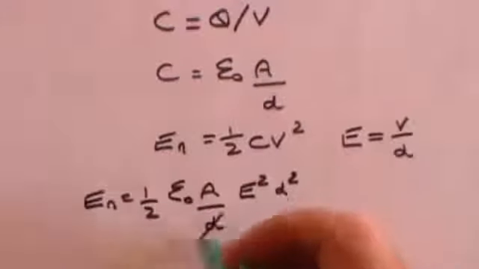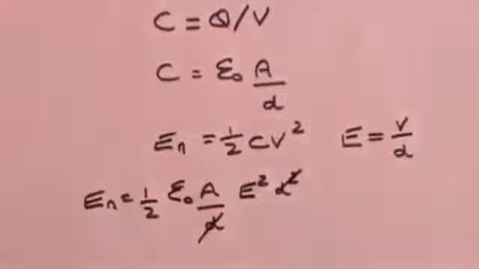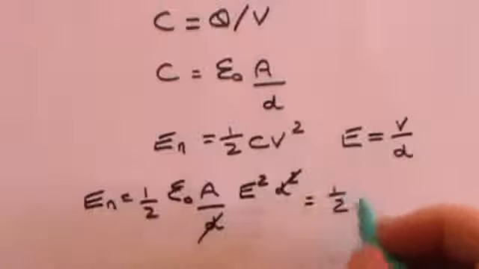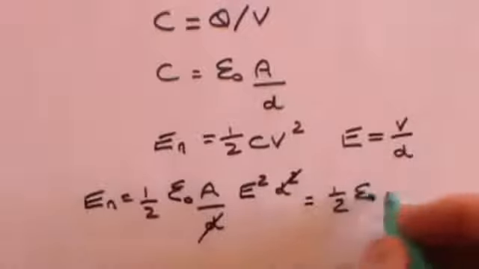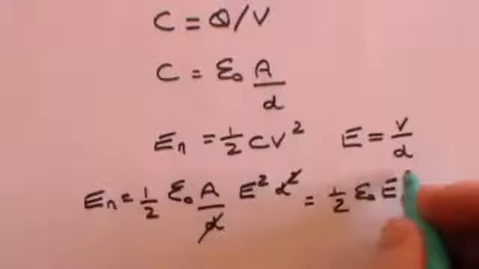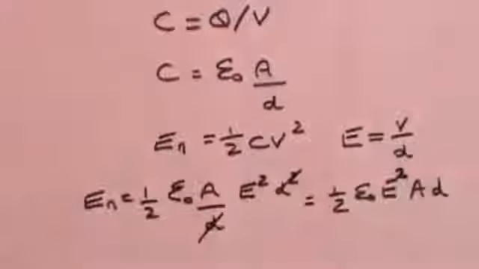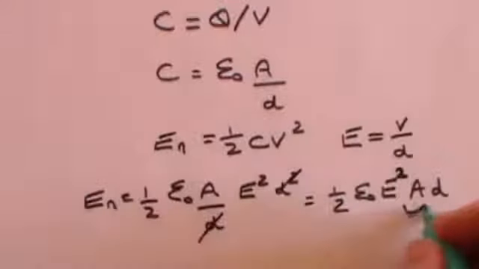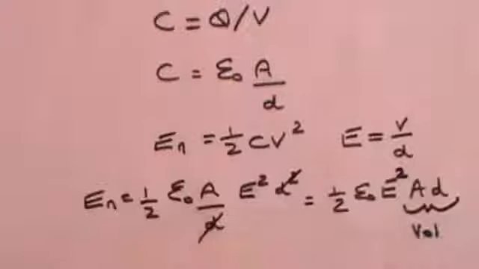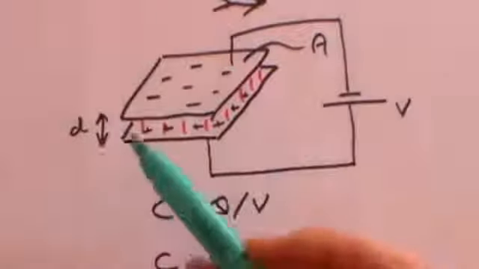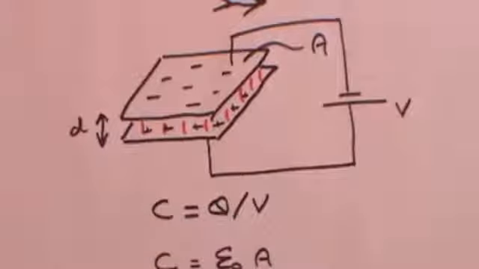And you'll notice that one of the d's cancels, and that's equal to 1/2 epsilon naught E squared times A d. And A d is the volume of the capacitor. It's the area times the distance. That gives you a volume term.